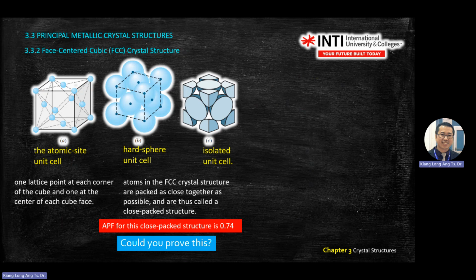So if you put at this one, you repeat another cube, you will get this atom alone have contact of 4, plus 4 and 4. So contact is 12.